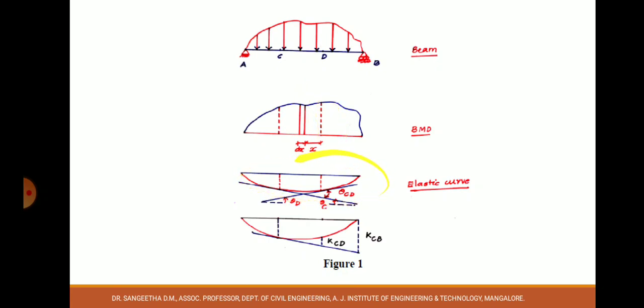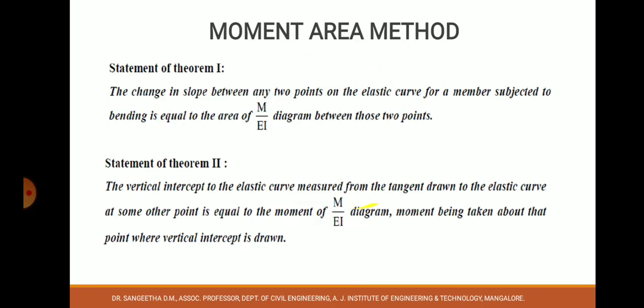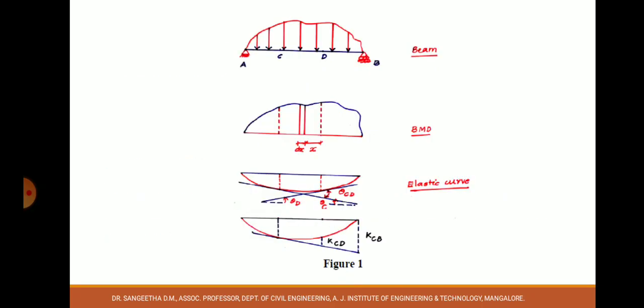The elastic curve is drawn, and at two different points tangents are drawn, making angles theta C and theta D. The angle between them is known as theta CD. The tangent drawn from C to point B gives the intercept KCB, and the distance from C to D is known as KCD.